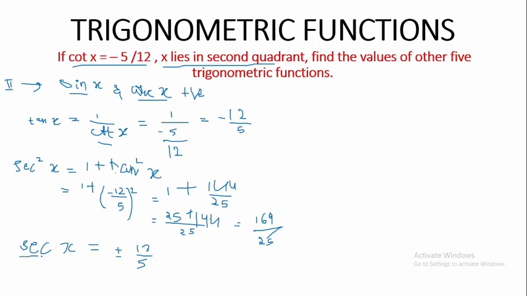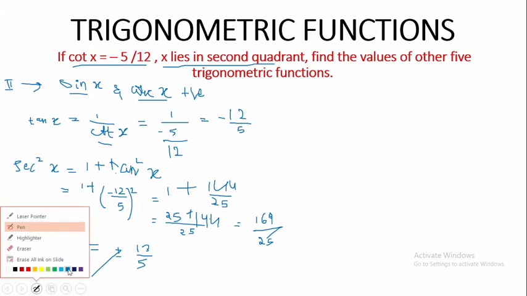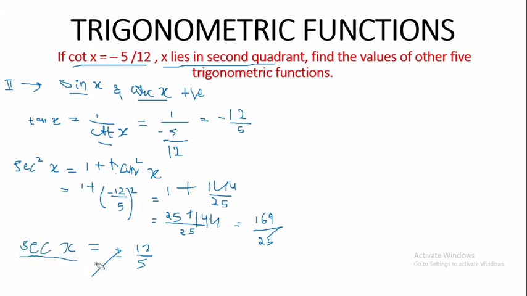So we only have one choice among these: secant x is equal to minus 13 by 5.